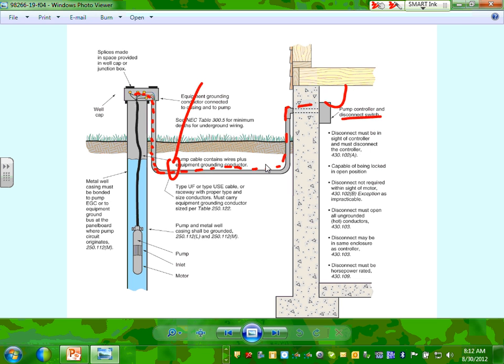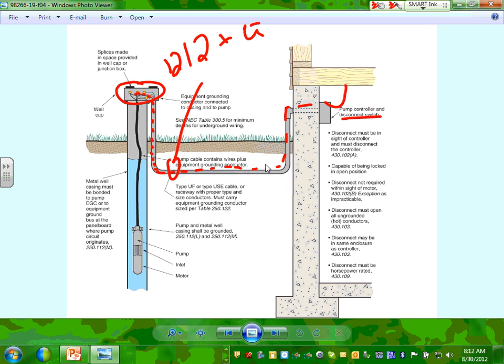Now, right in here, depending on the pump, say 12-2 plus ground, if it's a 20 amp circuit, UF cable direct buried or put it in a conduit. Right here, you tie the frame to the grounding conductor. The casing of the well has to be tied to the grounding conductor, right?